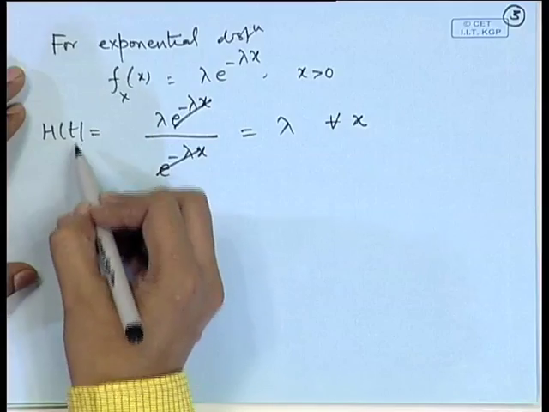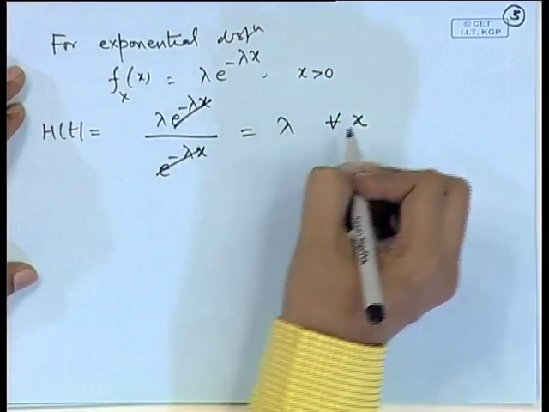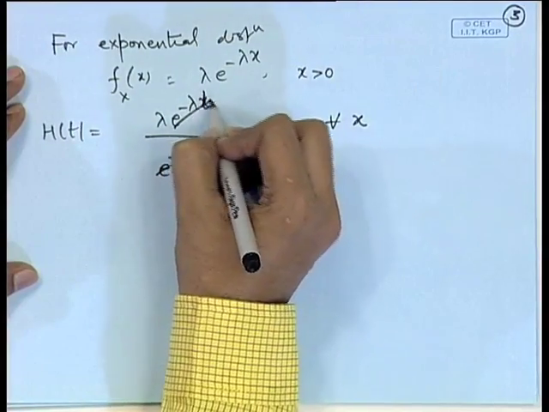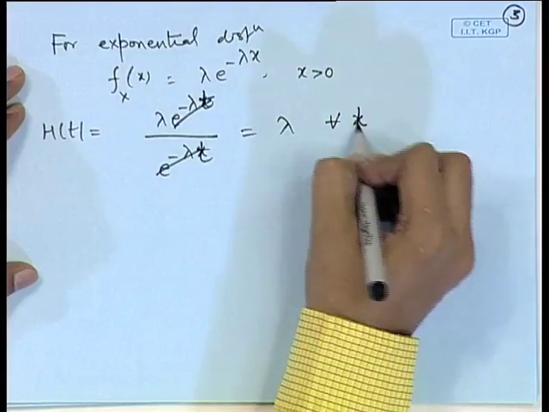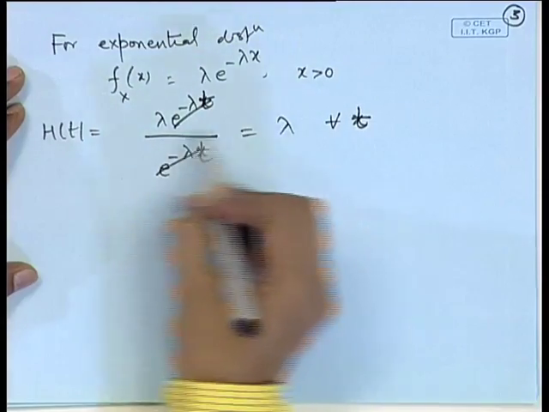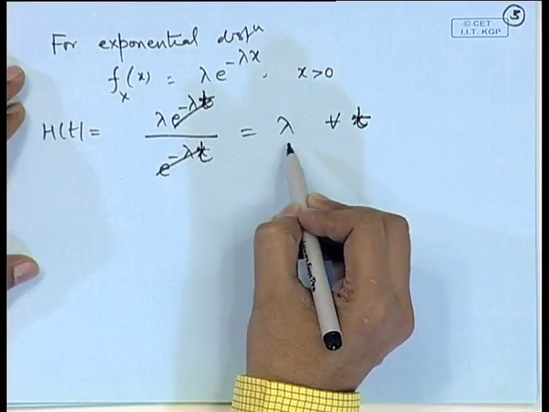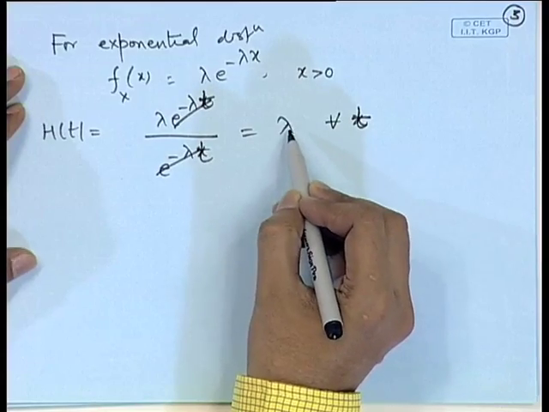That means the hazard rate function, let us put t here in place of x, of the exponential distribution is independent of the time, that means constant failure rate.